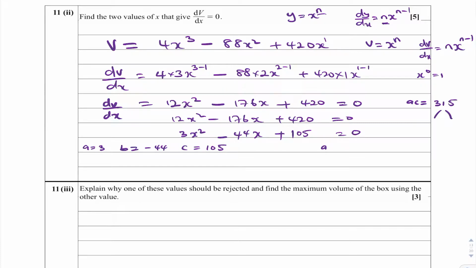What two numbers can I multiply together to get 315 and, when I add them together, get minus 44? It's a bit difficult. You have to go through 1 and 315, then 3 and 105, and so on, going down slowly. But after going through, I finally found that 35 and 9 are the good numbers.